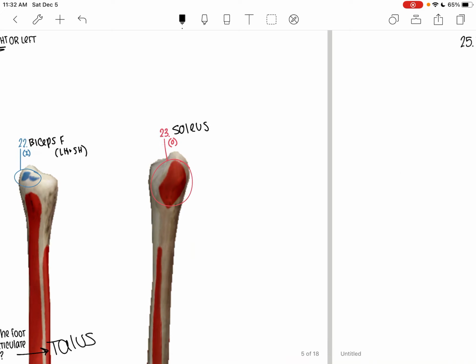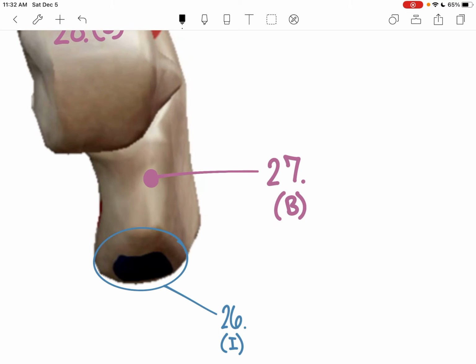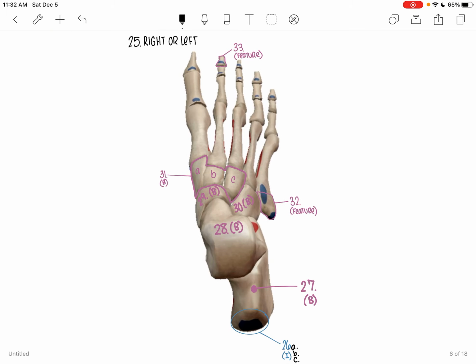All right, and last but not least, the foot. So number 25, asking is this a right or left? Hopefully that's not too complicated. 26 is looking for a muscle that inserts there. It's actually going to be 3 muscles, so let me indicate that there. It also has a name for the group of muscles.